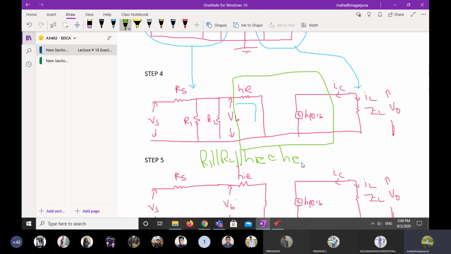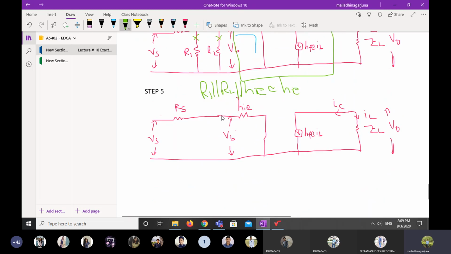If you take all three in parallel, the result will be close to the least value, which is HIE only. So these two can be eliminated from the circuit. So the final circuit is this.